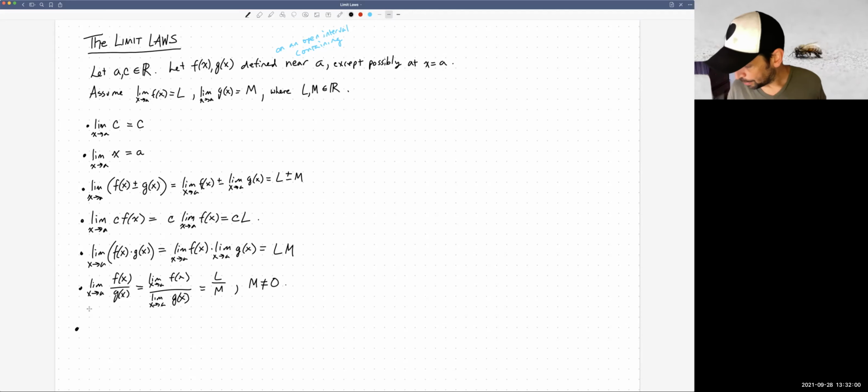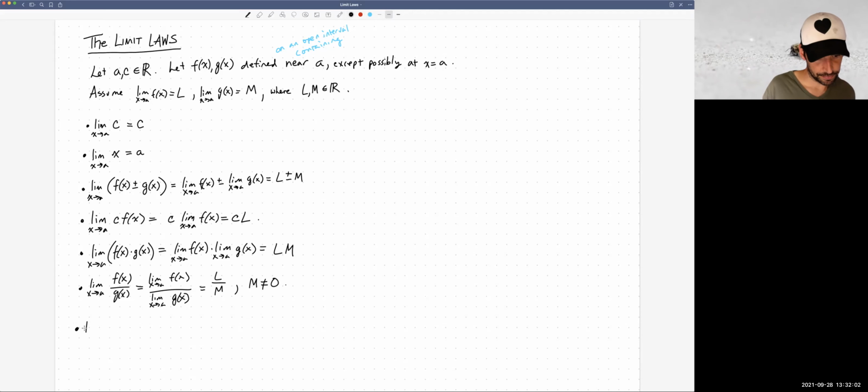We've got the power law. Actually, I don't want to name them because they're not standardized names. I'm just going to do the symbols. Limit as x goes to a of a function taken to a power.